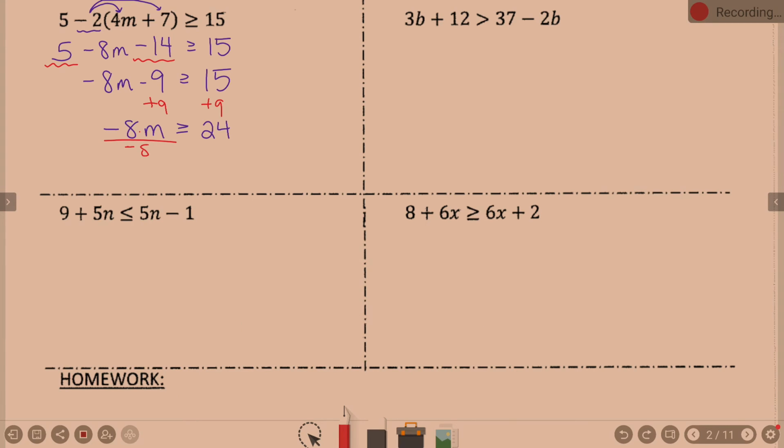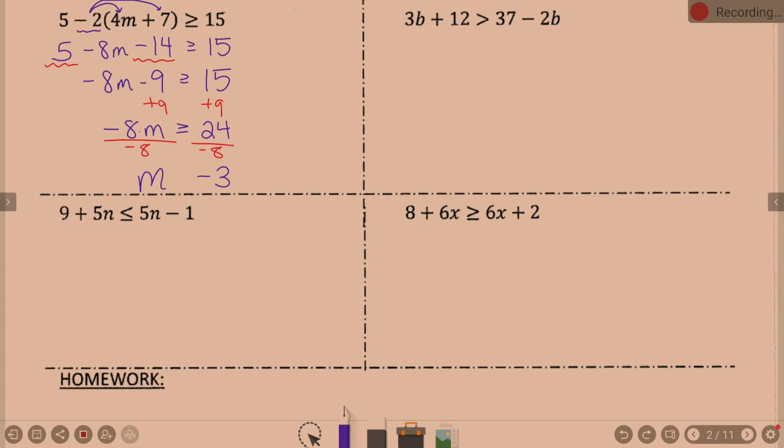Since it's negative 8 times m, we're going to divide by negative 8. Negative 8m divided by negative 8 leaves me with just m on the left. 24 divided by negative 8 is negative 3.